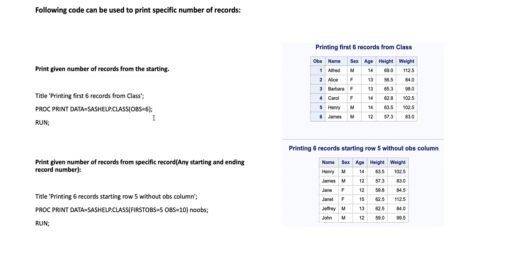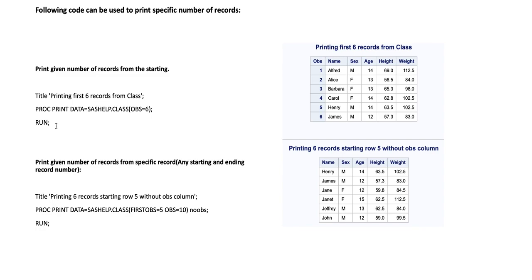That means it is saying to print the class dataset starting from the first row up to observation number 6, including observation number 6. In total it will print 6 observations or 6 records.